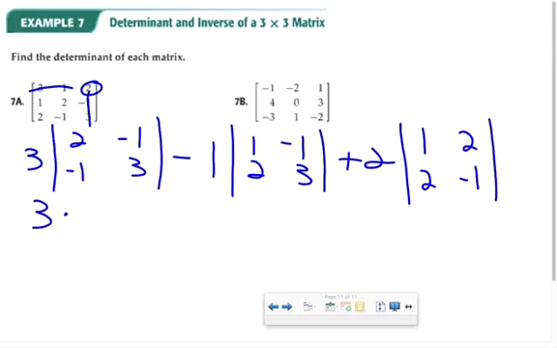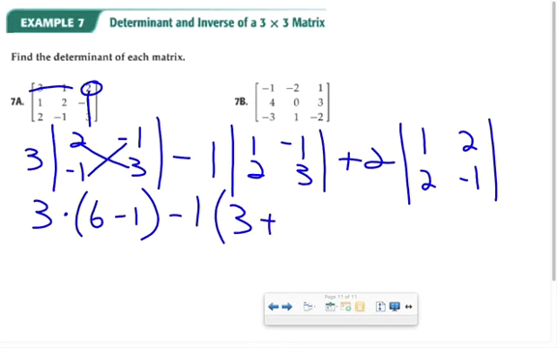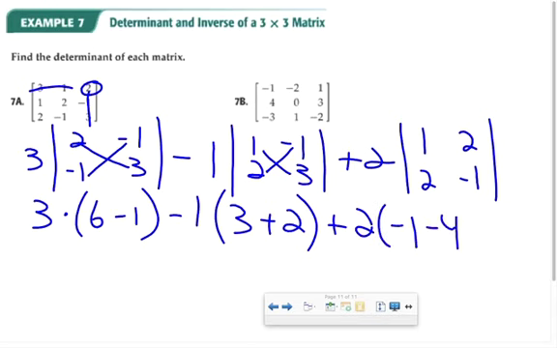So that's 3 times 6 minus 1, see the 6, see the 1, minus 1 times 3 plus 2, see the 3, and it's minus, see the -2, and then plus 2 times -1 minus 4.